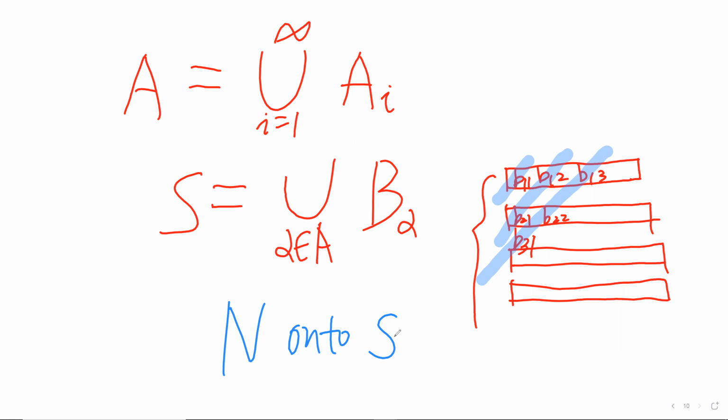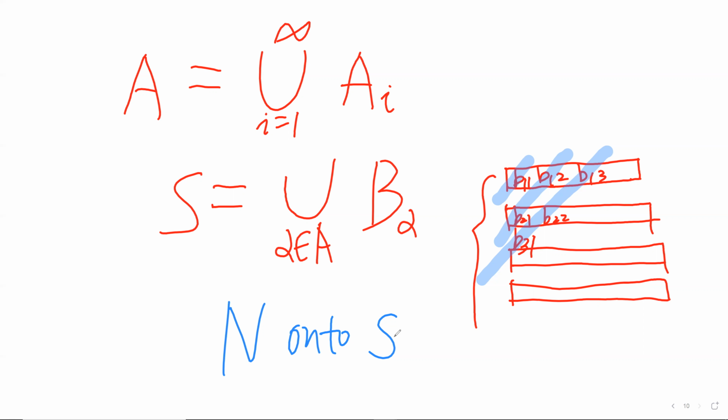The reason is that first, if N is mapped onto S, it means S can be a subset of some countable set, and you can map S in a new way.